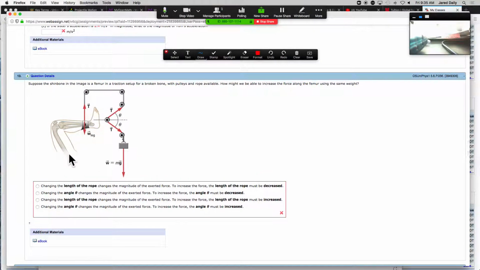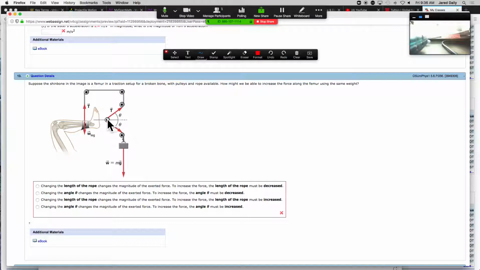Now we just talked about this one, Colleen and I. Remember we talked about tension: if you apply a tension to a rope, even if the rope is going through a pulley system, that tension extends through the rope. So there's that same tension everywhere. In this particular case, this pulley right here is connected to this foot. Usually there's a strap there. They should have put a strap in there to show that it's connected to the foot, but they didn't. But this pulley is pulling on this foot, and there are two tensions pulling on this pulley because there's a rope on either side.